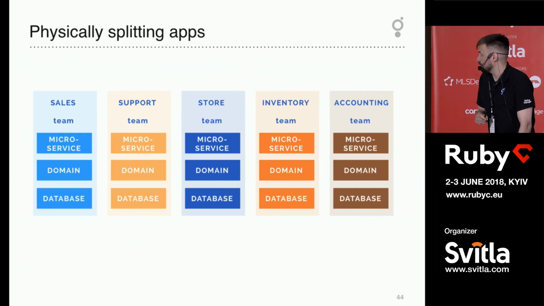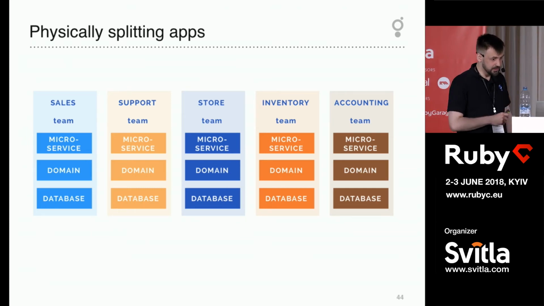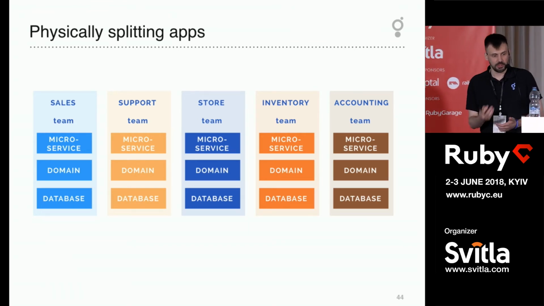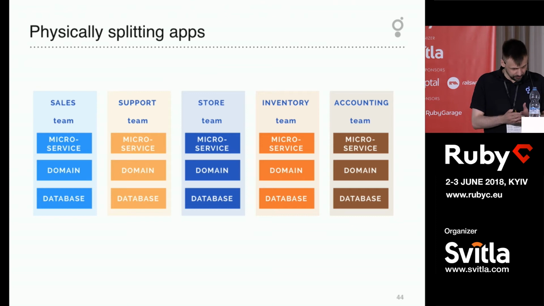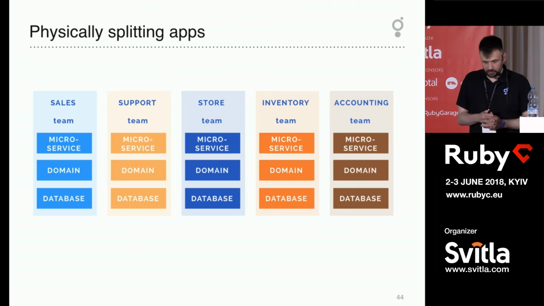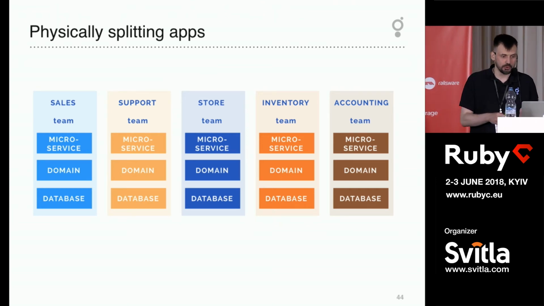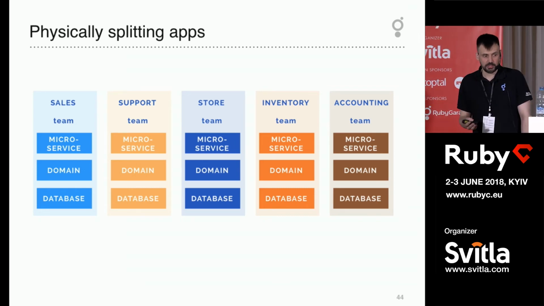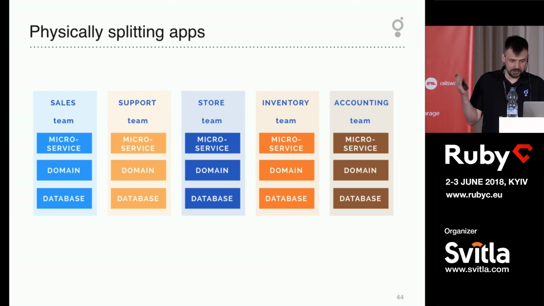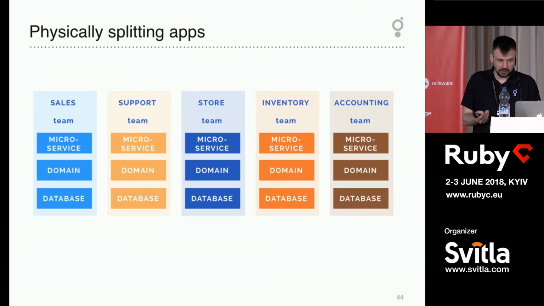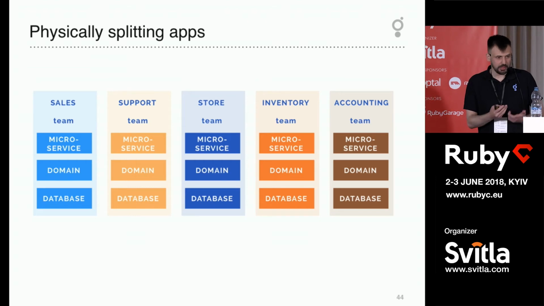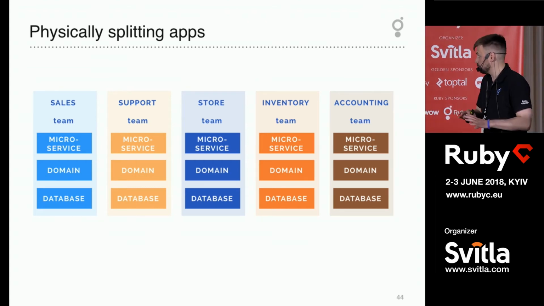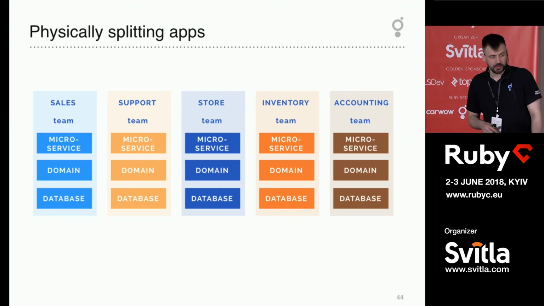And the next step is physical splitting, physical separation of the app. If we found a good way to create domains and a good way to split applications, the next step, a natural one, is to split our Rails application into multiple applications in general.